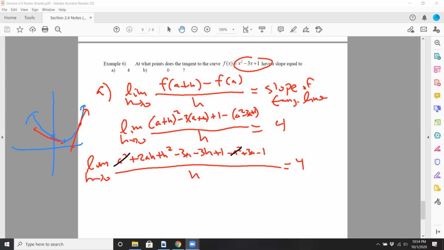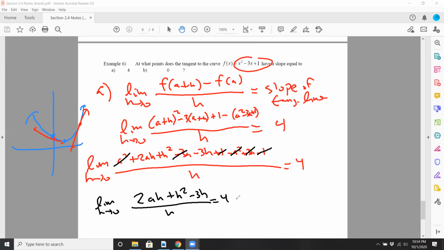Boom, boom, boom. And now I can actually factor out 2ah plus h squared minus 3h. Just try and be very careful. A lot of terms here, mind you, all over h. That limit is equaling 4.